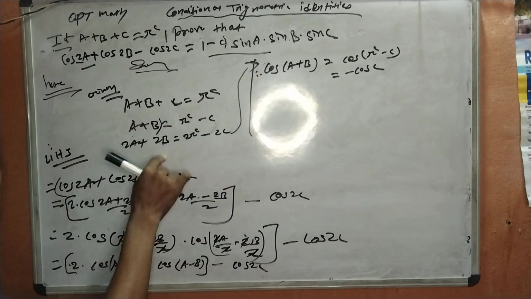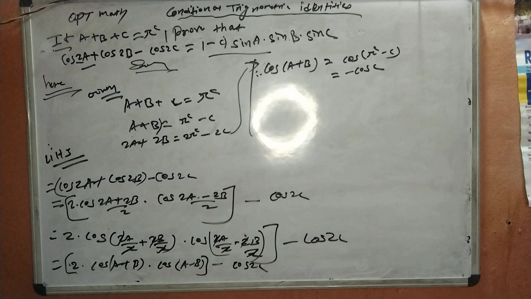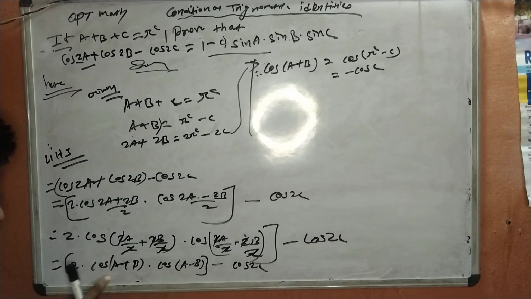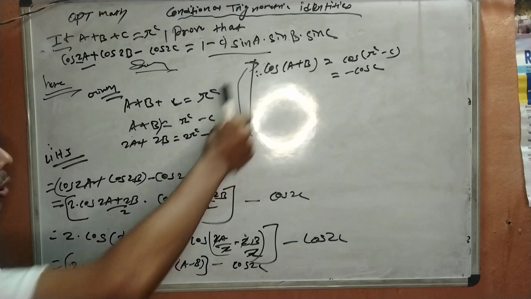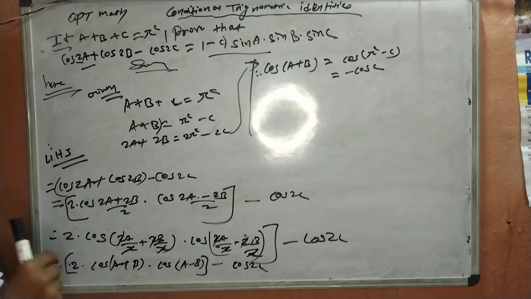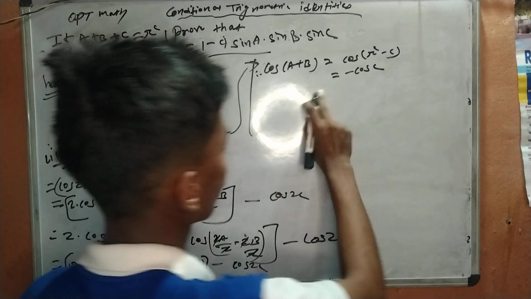I am not taking 2a plus 2b because we have to get the value cos a plus b, not cos 2a plus b, so I am writing cos a plus b here. Do you understand, my friend? I thought the condition was given here, but mistakenly I wrote it there. Okay, it's a small matter.